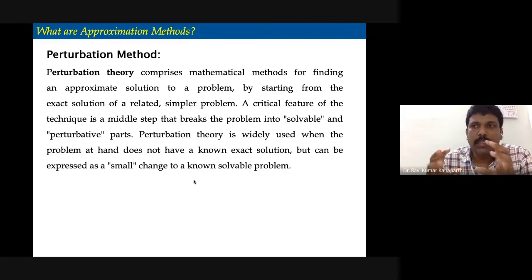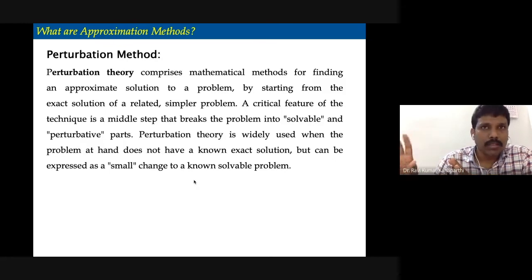In this method, there is a system, and that system is somewhat similar to some other system whose solutions are exactly known to us. Then by taking the solutions of the similar system and correcting each eigenstate and each eigenenergy to a further level, that is the perturbation method.